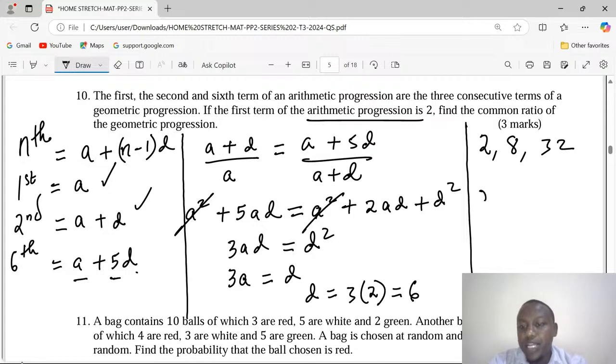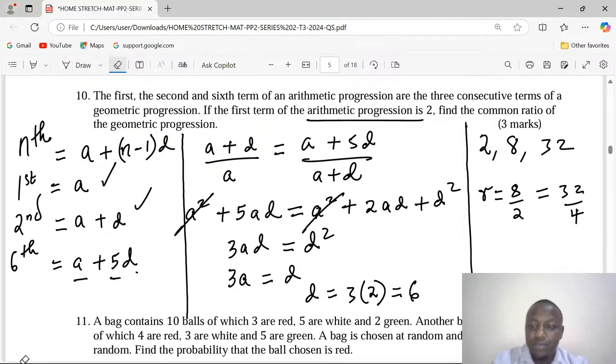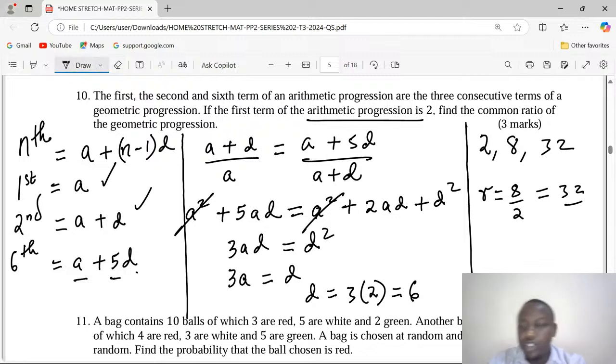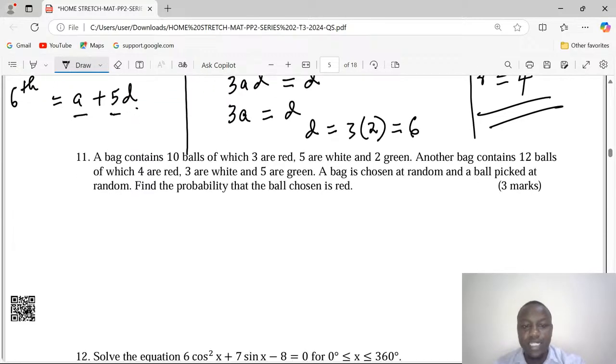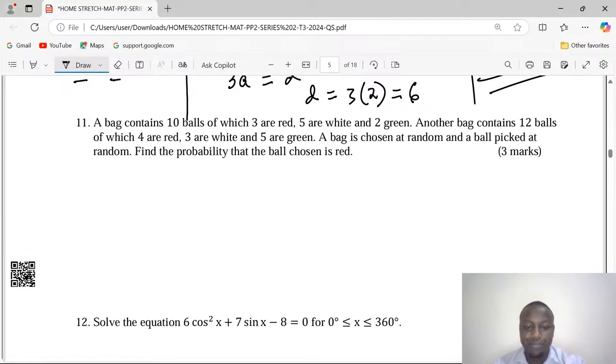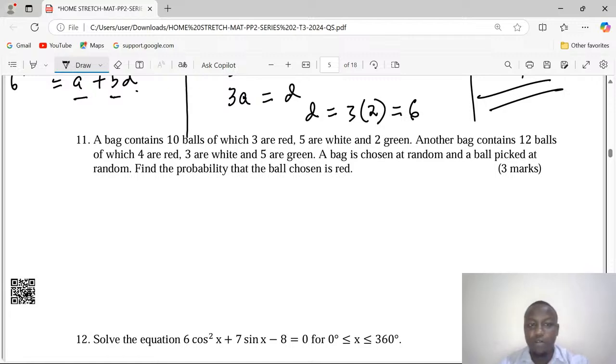Now we can get the common ratio whereby we need 32 over 8. We'll discover that r is equivalent to 4. So for that geometric progression, the value of r is equivalent to 4.